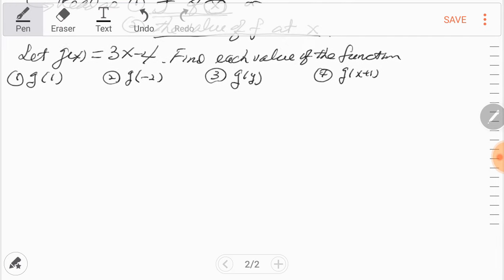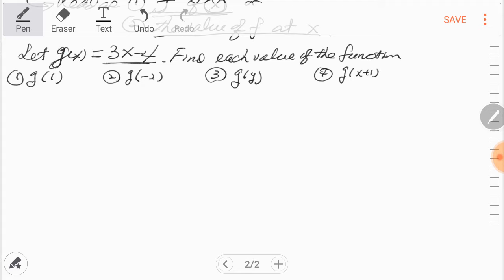Okay, then here is a function g of x. G of x is 3x minus 4. Let's find the value of this function g. So g of 1 means the input is 1. So the input is x, and in this case we rewrite this x with input 1.